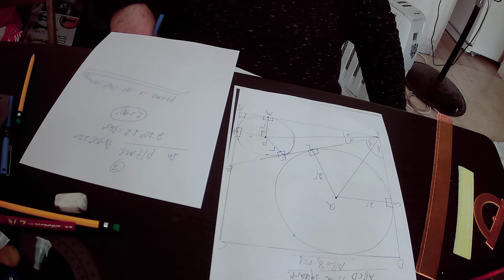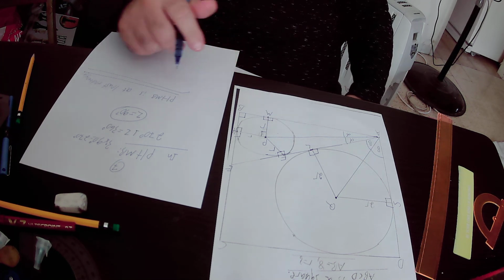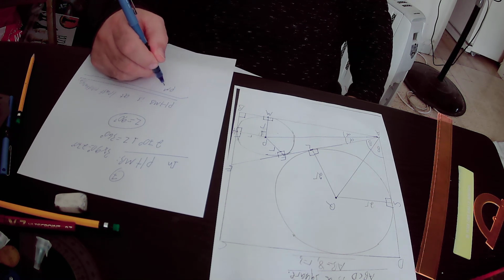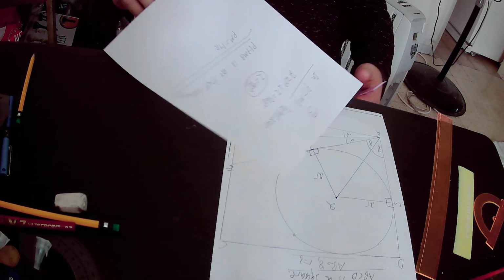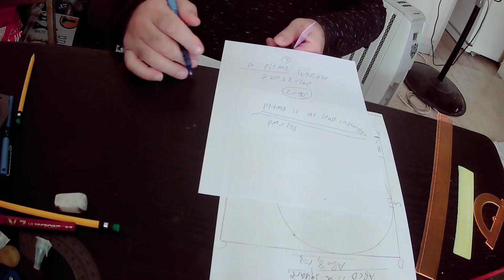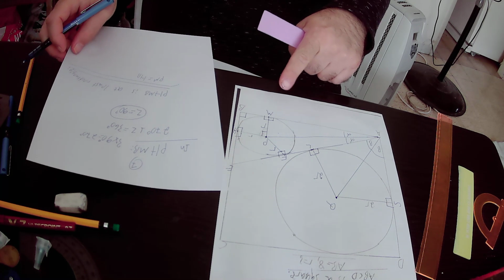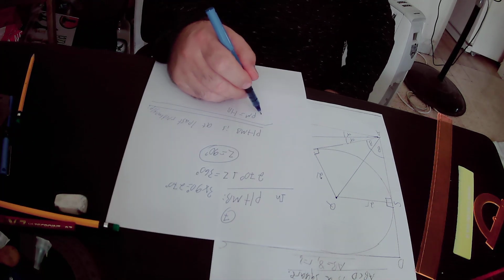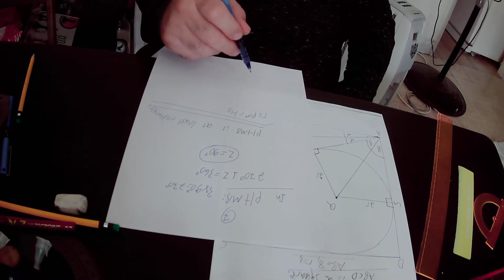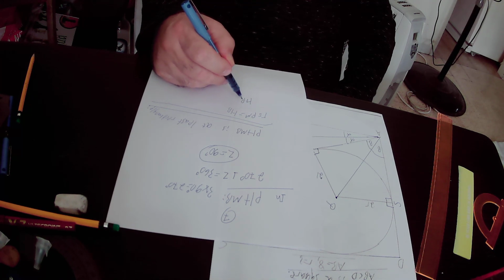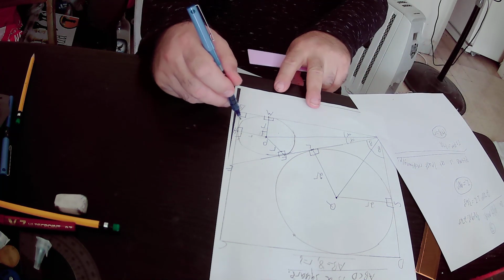That is to say, PM equals HB, according to the rule that the opposite sides of a rectangle are equal to each other. But we know that PM equals R, therefore we can derive from this equality that HB also equals R. So here HB equals R.